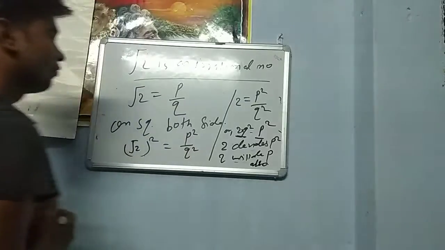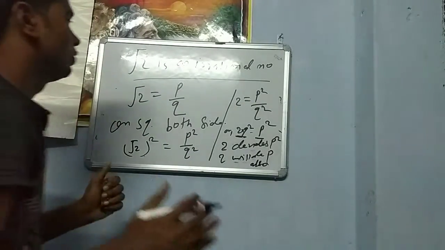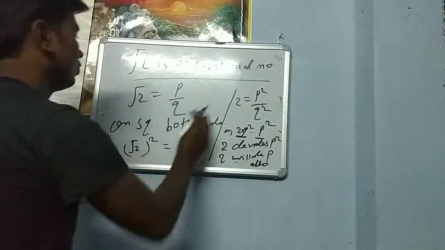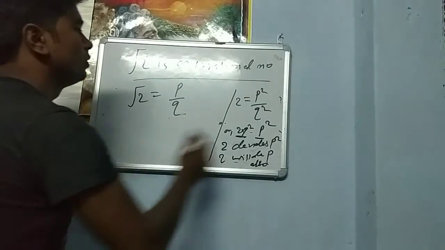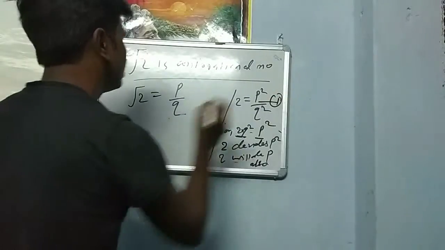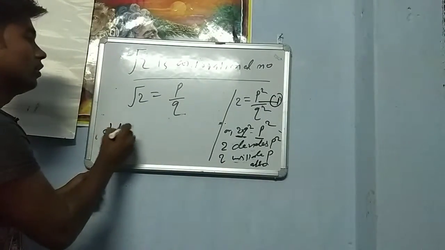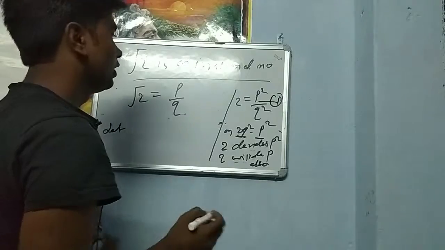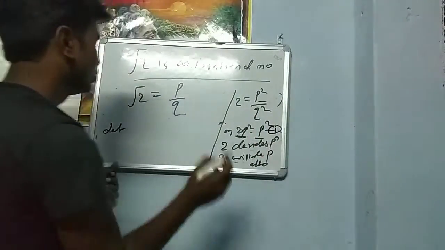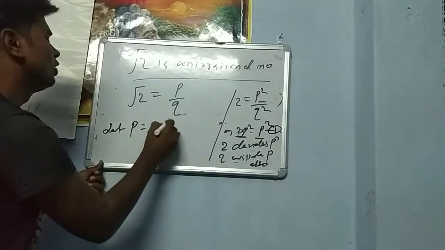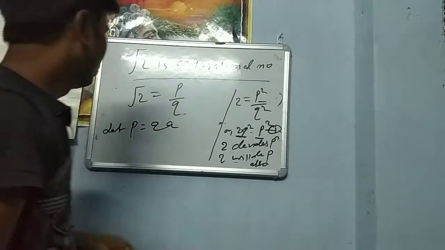So 2 divides p square, so 2 will divide p also. So what do we find here? We find that 2 is a factor of p. Again, assume this as equation 1 and consider p is equal to 2a, or 2b, whatever you want to take.